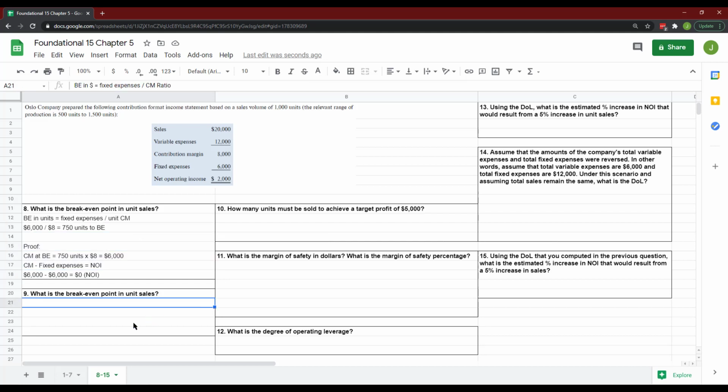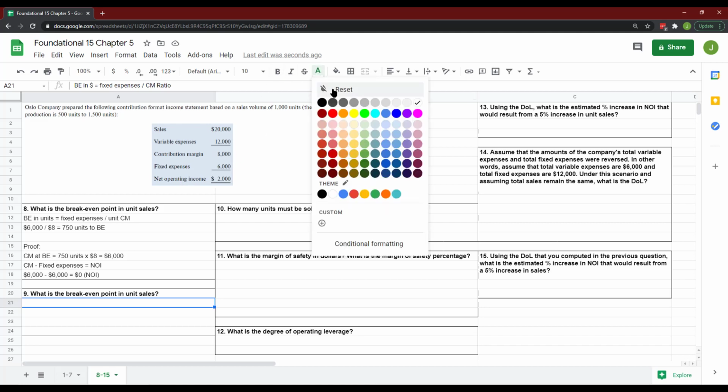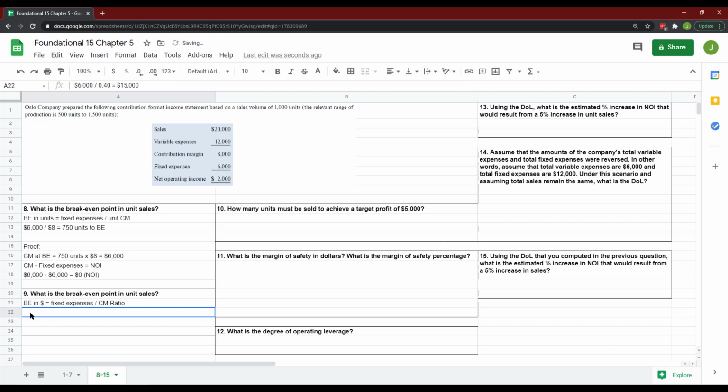Now the question is, what's the break-even point in dollar sales? The formula for break even in dollars is very similar. The only difference is what you put into the denominator. Remember, if you are finding break even in units, for the denominator you use unit CM, but if you're finding break even in dollars, it'll be fixed expenses divided by your CM ratio instead. That's the only difference. We found our CM ratio already, correct?